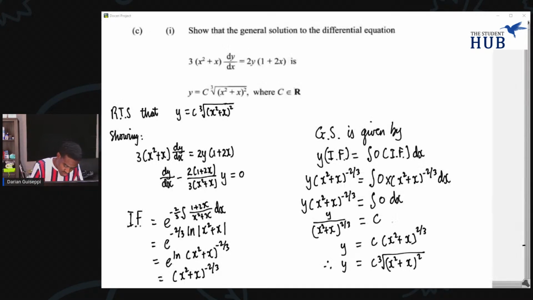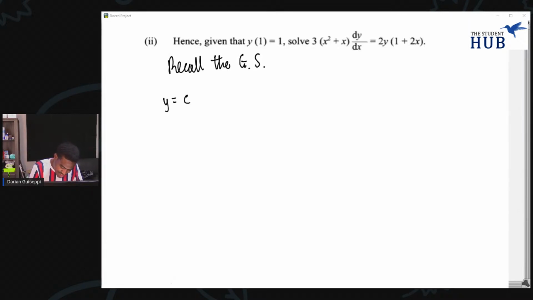That is key. So basically, what I want us to do is use the solution that we gained in part 1 to solve this.